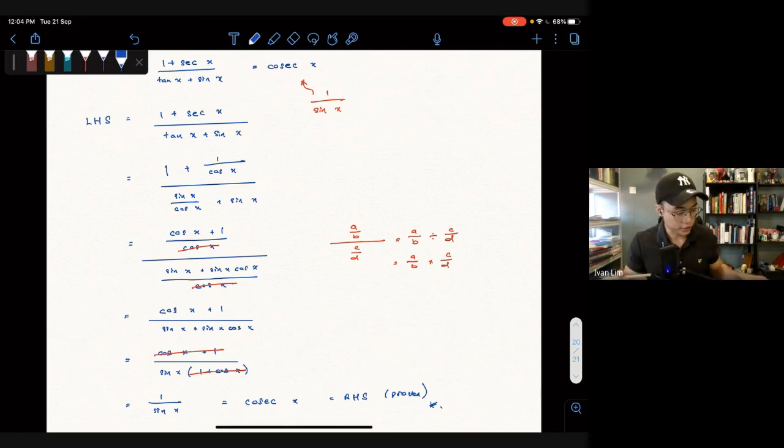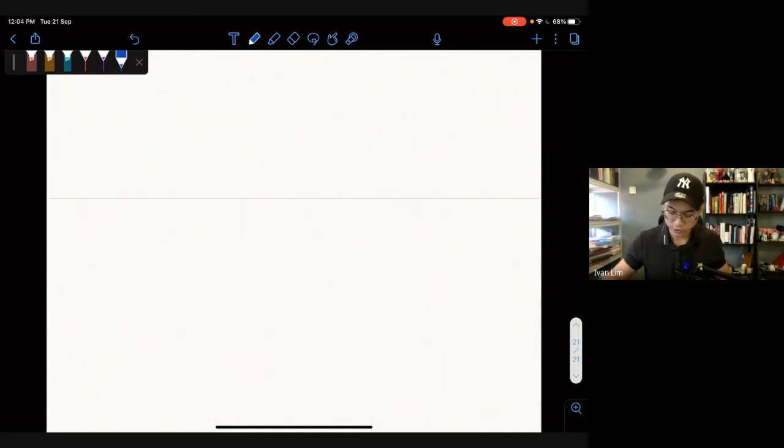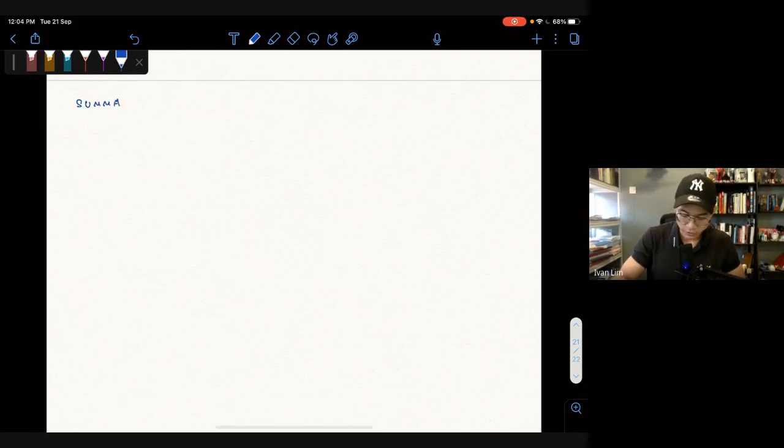Okay, so this is actually the end of Trigo already. Let's do a short summary of what we have learned. At the start, we learned what positive and negative angles are, according to your ASTC graph.